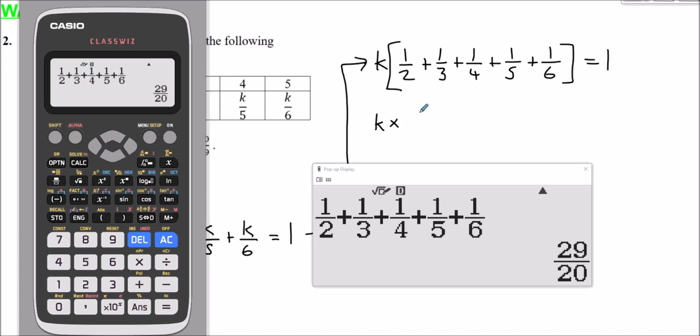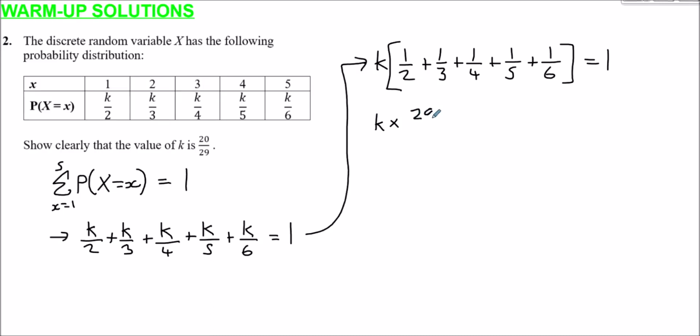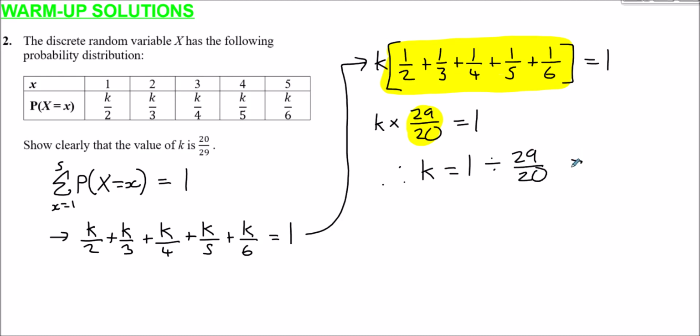So K multiplied by 29 over 20 equals 1, because all of this in the big brackets added up to 29 over 20. Therefore, final step, K must equal 1 divided by 29 over 20, which gives us 20 over 29.